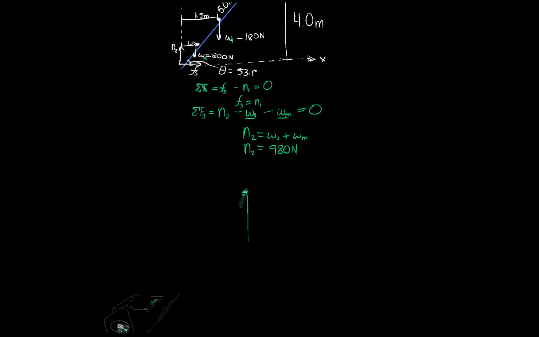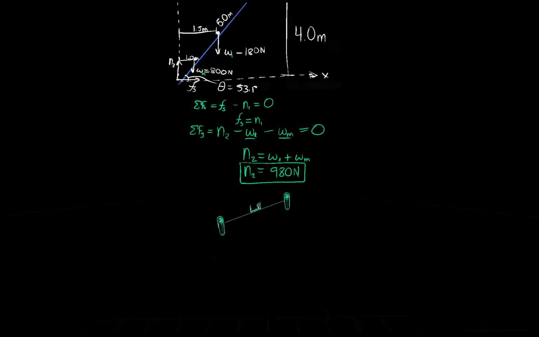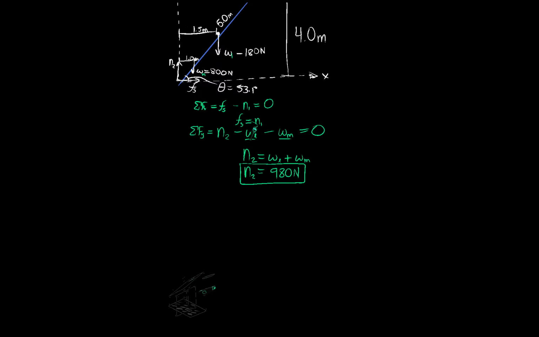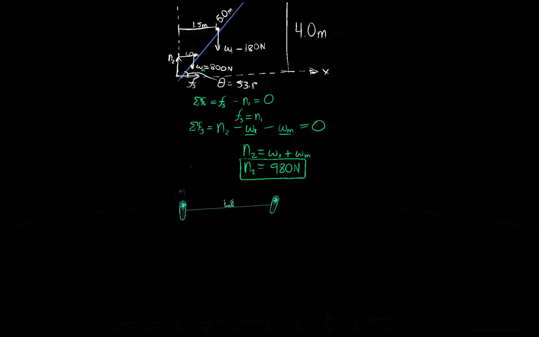So we got N2, so this answers one of the three things in part A, but we can't really use that to find these two, right? So we know that they're equal to each other, but there's no relation in this equation here to N2, so we have to go further. So now we have to sum the torques.